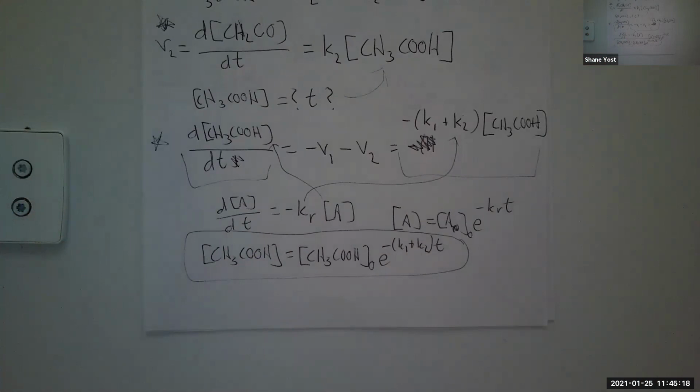And I'll tell you now, in general, if I had 6 parallel first order reactions, I would get this exact same integrated rate law. It would just be K1 plus K2 plus K3 plus K4 plus K5 plus K6. And again, this is going to pop up when we get to photochemistry.